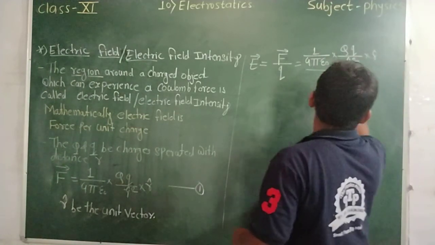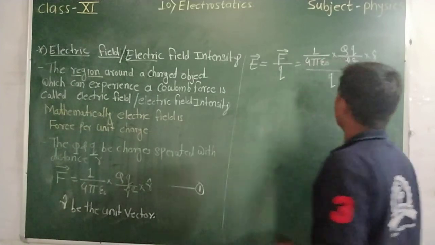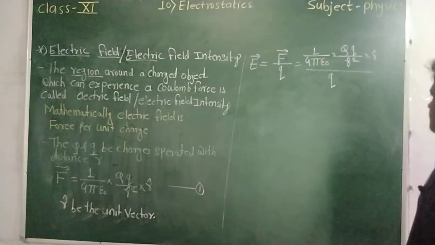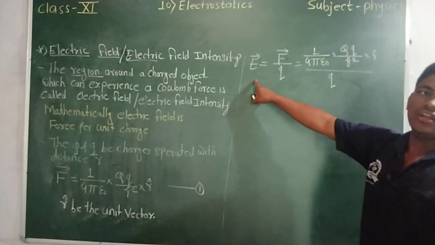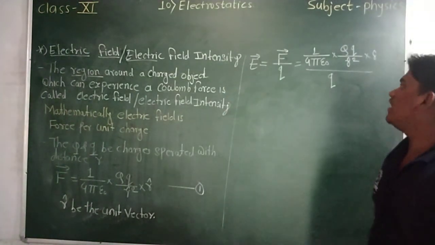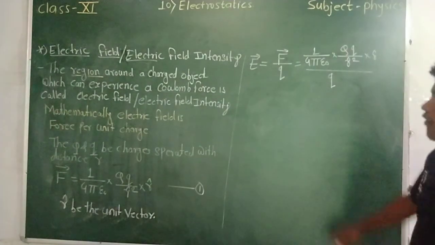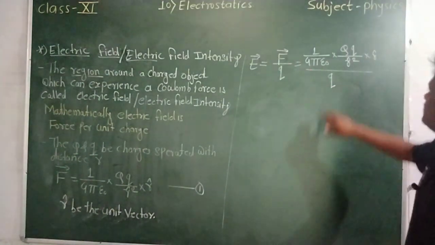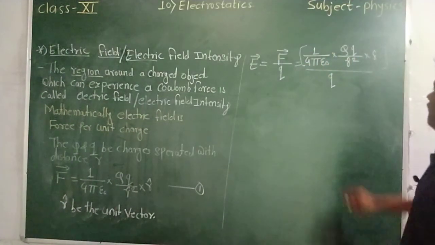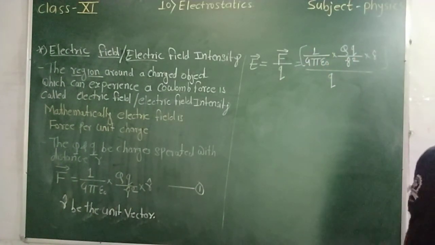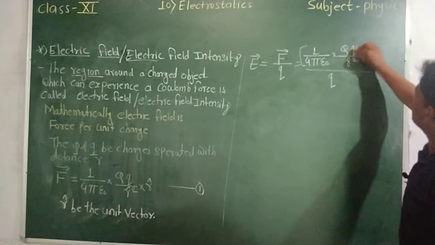Divided by the small charge q, since the electric field intensity is force per unit charge, and this is the equation of the Coulomb force. Then we cancel the same terms in numerator and denominator.